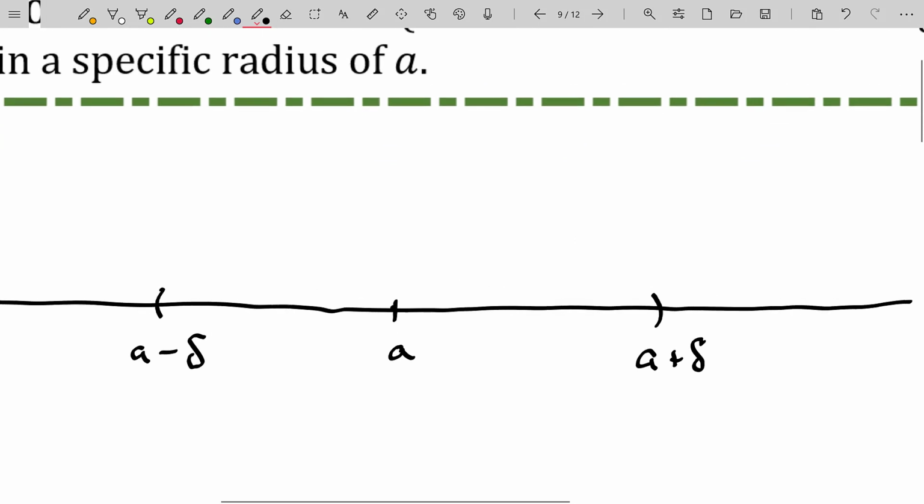A neighborhood centered at A is the set of all points equidistant away from the center A. So A minus delta to A plus delta. It's basically an open interval, and the center of that open interval is A itself.